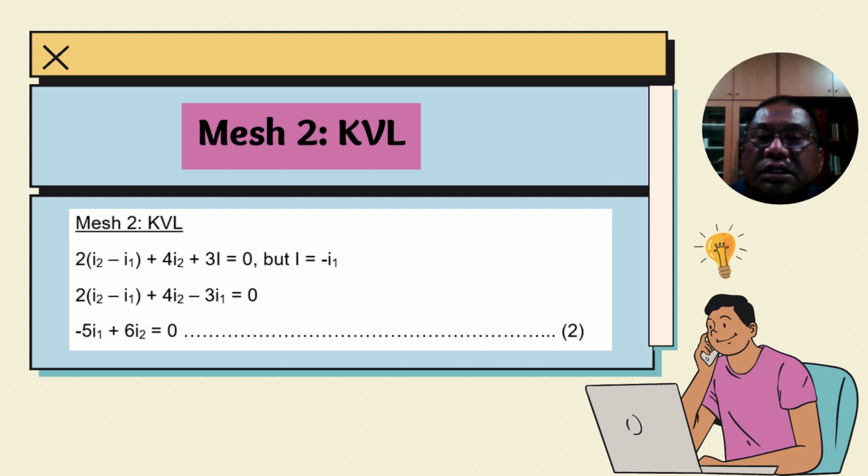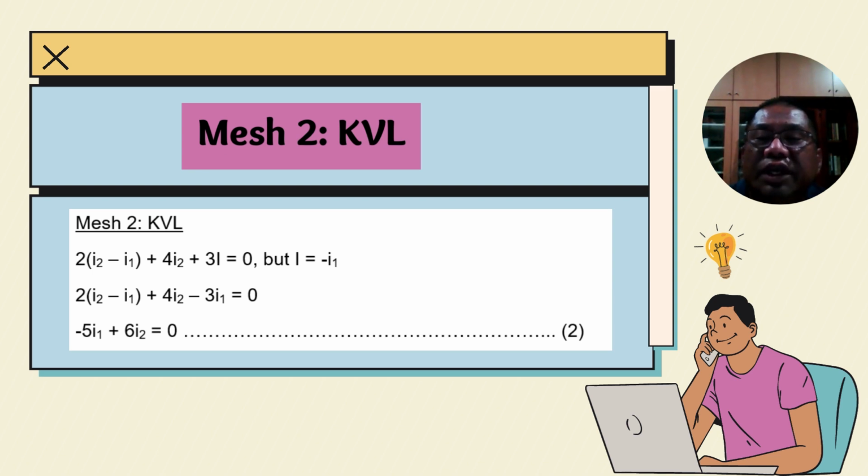Since I2 is the main current on the right side of the circuit, you have two currents flowing through that resistor in opposite directions, I2 and I1. So we have 2 multiplied by I2 minus I1 because of the mesh analysis. Then the next one is the 4 ohm resistor, and through this 4 ohm resistor only one current flows, that is I2.